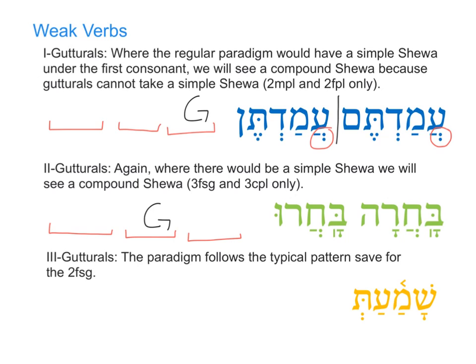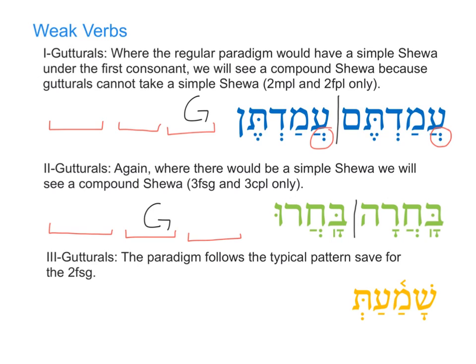Here again, it's the same rule, because a guttural can't take a simple shiva when that would usually be the case in our master paradigm. We'll expect to see a compound shiva. And again, that only occurs in 2 places: in the 3FSG, which is this form right here, and the 3rd common plural, which is this form right here.